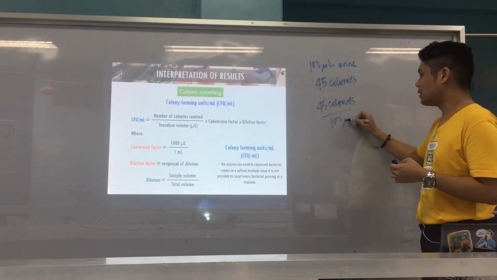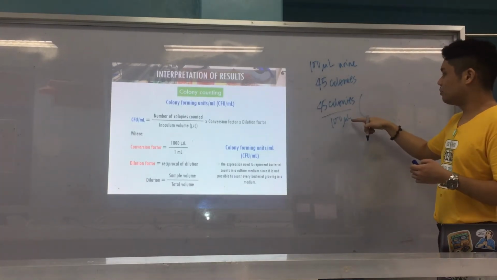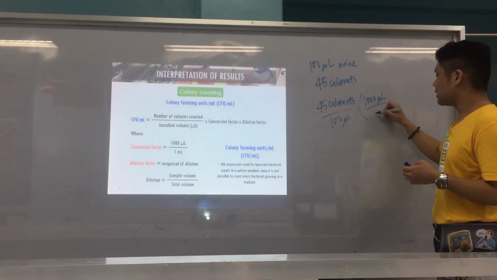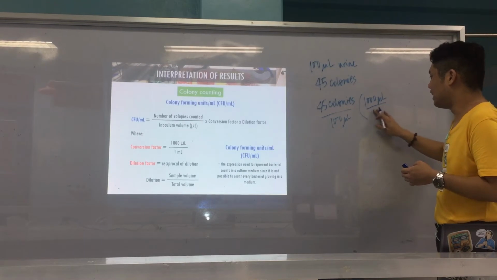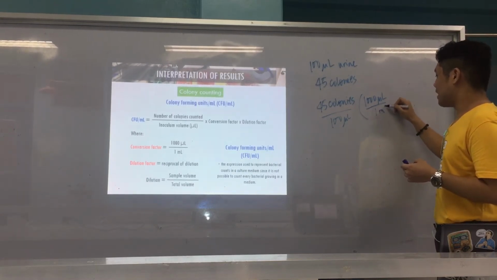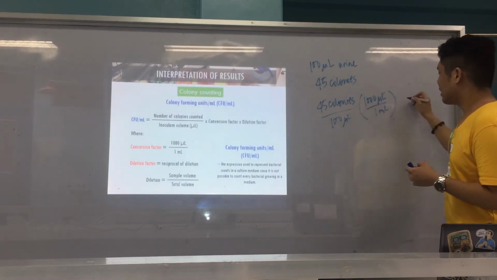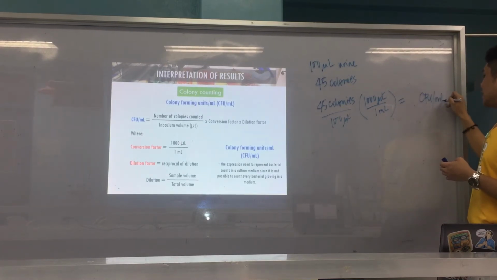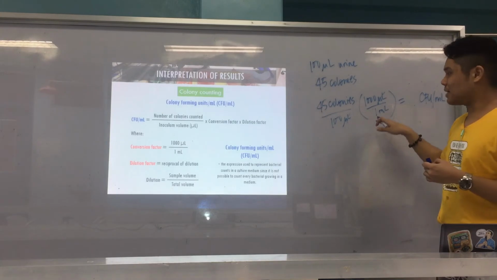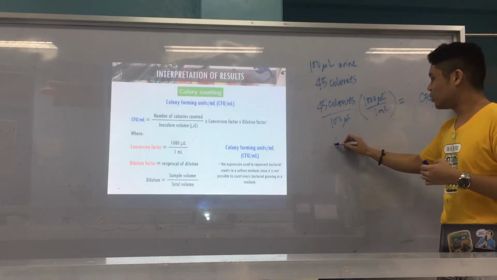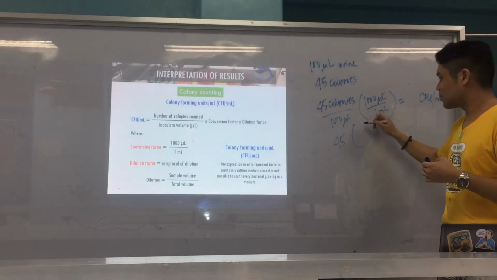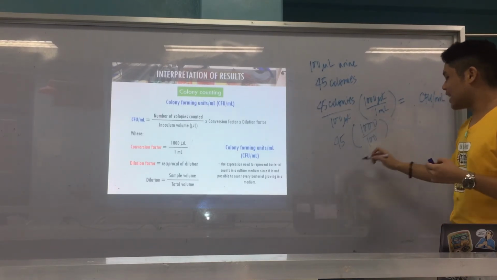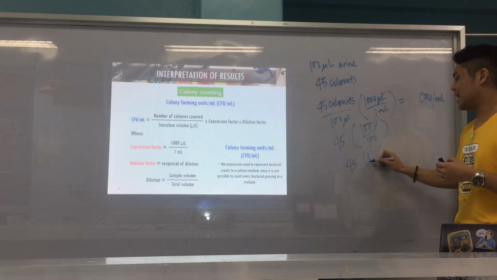So, 45 colonies over 100 UL, we multiply by 1,000 UL over 1 ml to convert to ml. So it cancels, and you are left with CFU per ml. Or in short, this is equivalent to 45 times 1,000 over 100, or basically 45 times 10.